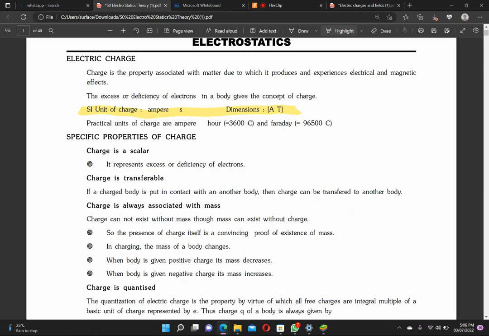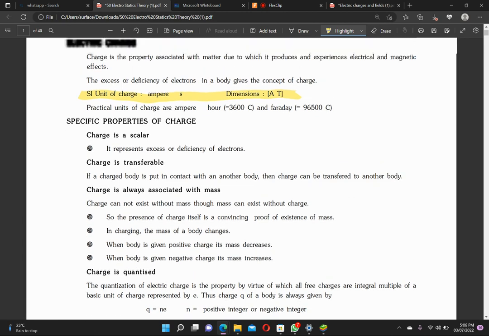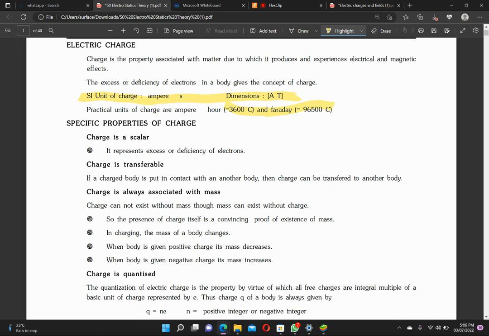3600 coulombs. And then for Faraday, it is 96,500 coulombs. All right, charge is a scalar. Just now we saw that charge was scalar. It's not a vector.